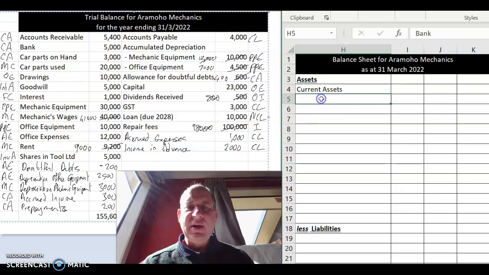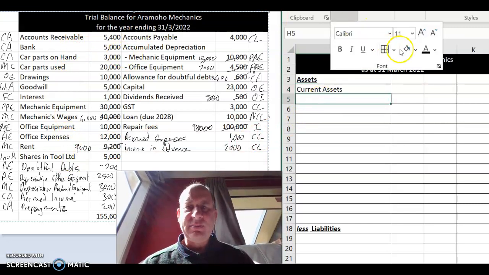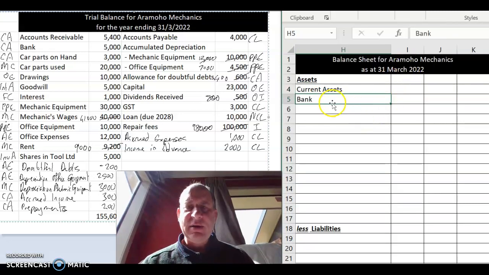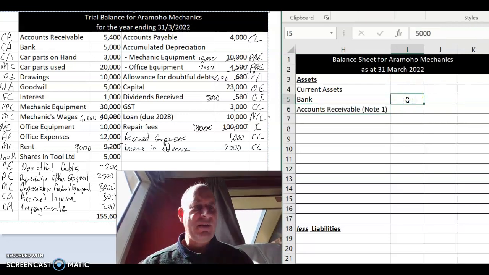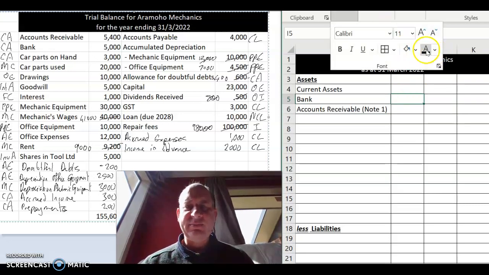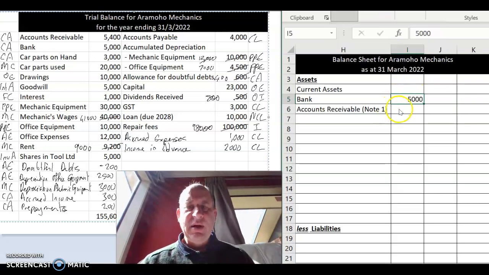First one though is going to be, sorry, we'll put bank there. Second one is accounts receivable. Right, the bank is a nice easy figure because it's written on the side. So write your bank figure in. Accounts receivable figure, we've got note 1.